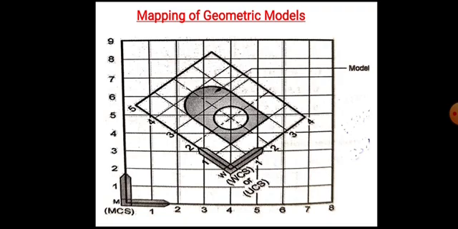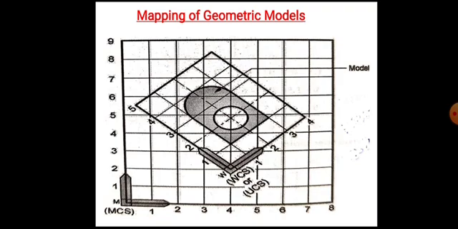In CAD modeling, the user inputs the graphical information with reference to the working coordinate system, or WCS, of the sketch plane, while the CAD software stores the graphical information in the model coordinate system, or MCS. The figure shows the difference between the model coordinate system MCS and the working or user coordinate system WCS.